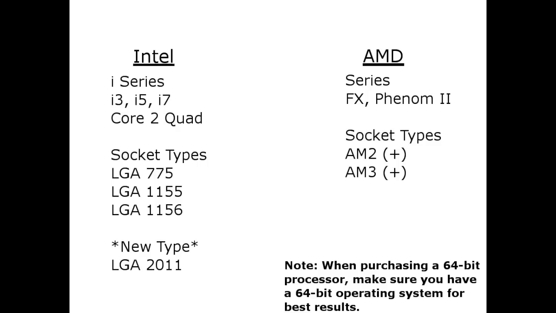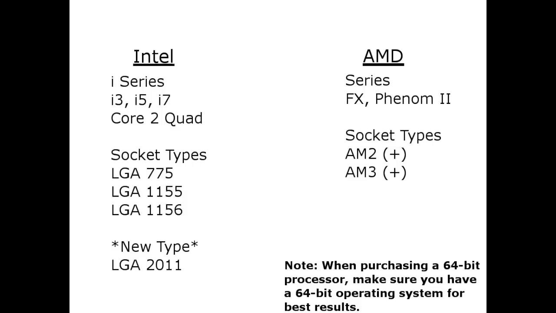So most motherboards these days for Intel would be using LGA 1155, 775, or 1156 CPU socket, and AMD would use an AM2 plus socket, AM3, AM3 plus, something around those lines. It really depends what motherboard you're looking at. Some motherboards will be able to support one or two different CPUs. But I think the AMD motherboards are more convenient that way.